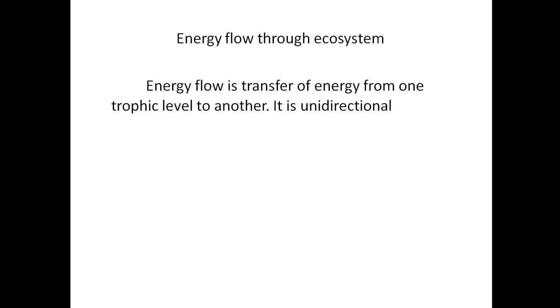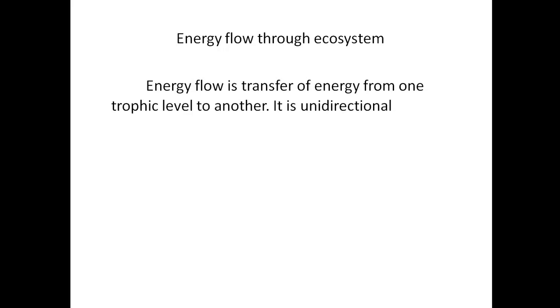All right. Now, we've already talked about the plants capturing energy from the sun. Now, energy flow is just this captured energy of the plants which is transferred from one trophic level to another.